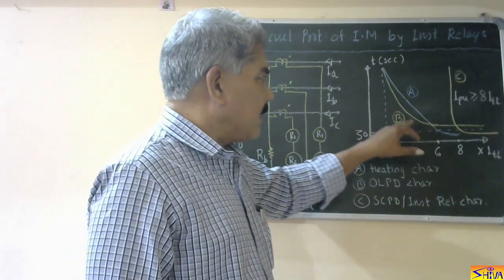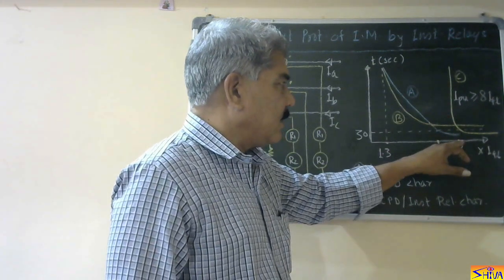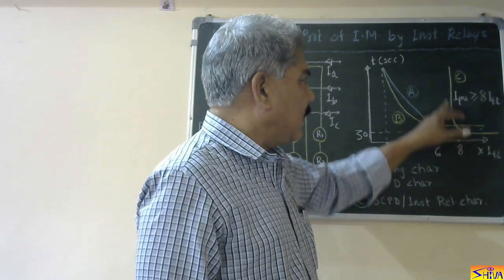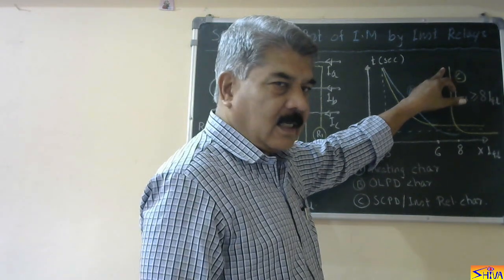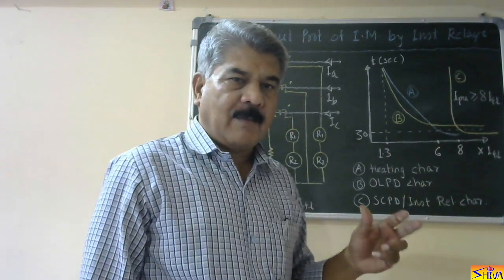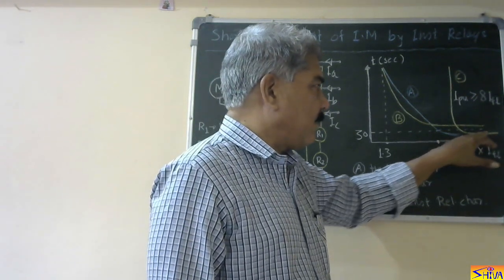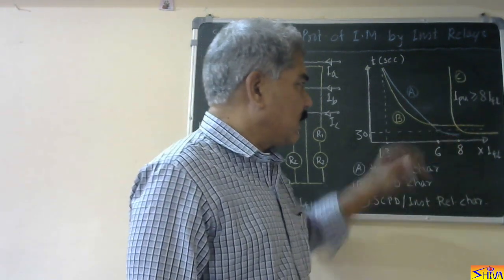B is the characteristic of the overload protective device, and C is the characteristic of the instantaneous relay, that is the short circuit protective device. Here you can see I have selected the pickup equal to 8 times full load current. As it is an instantaneous relay, it will operate only when current exceeds 8 times full load current, and irrespective of the current magnitude, operating time will be instantaneous, that is without any intentional time delay. So this is the characteristic.